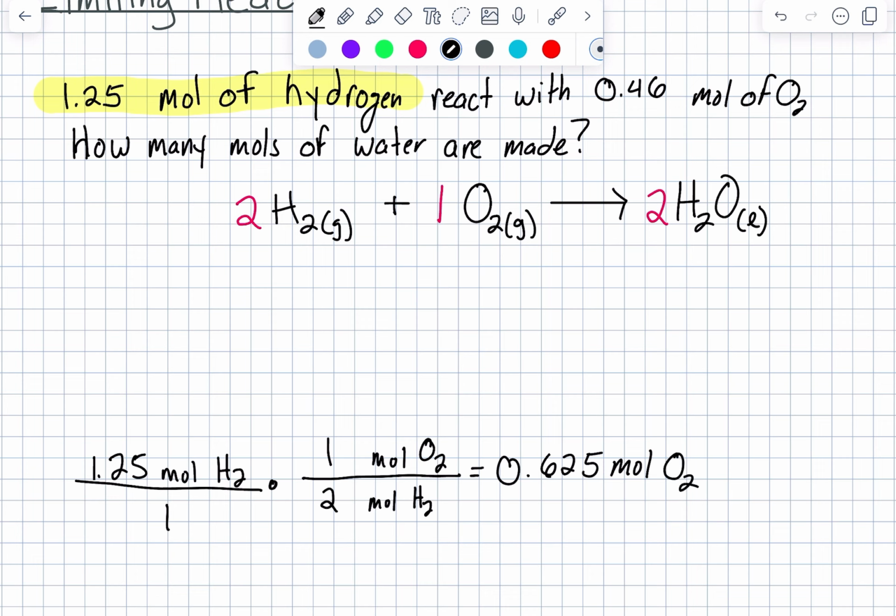When I look at my problem, it tells me that I only have 0.46 moles of oxygen. So since my 0.46 moles is less than the 0.625 required to react with all of the hydrogen, that tells me that my oxygen is my limiting reactant.